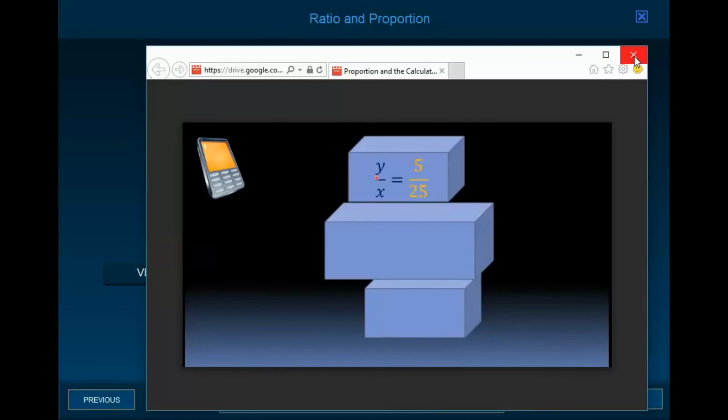So our first step with this equation is going to be to multiply the left-hand side of the equation by x. And our rules say that we must do the same thing to the other side of the equation.